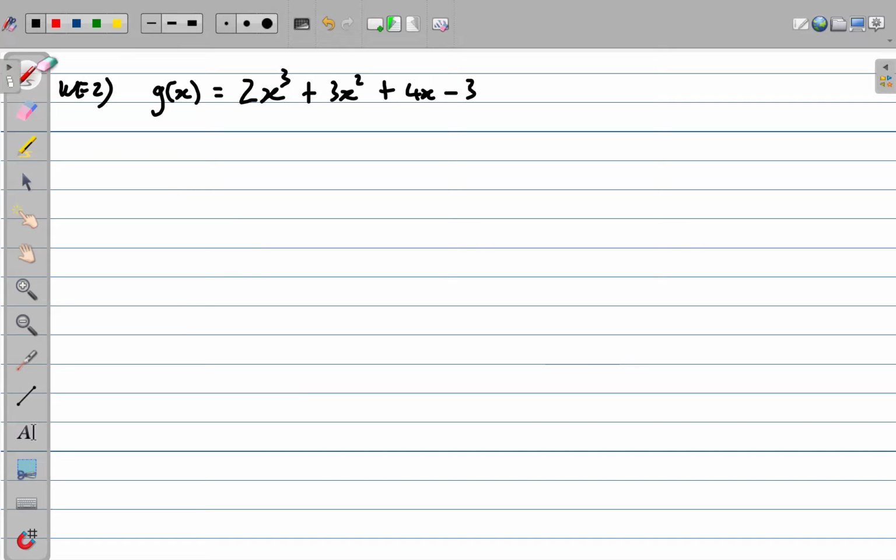Do we still just take positive and negative factors of the constant term? No. Here, this is what we're going to do. We're going to take, watch this, factors of the constant term divided by the coefficient of the cubic term. So these are the factors that we're going to take.